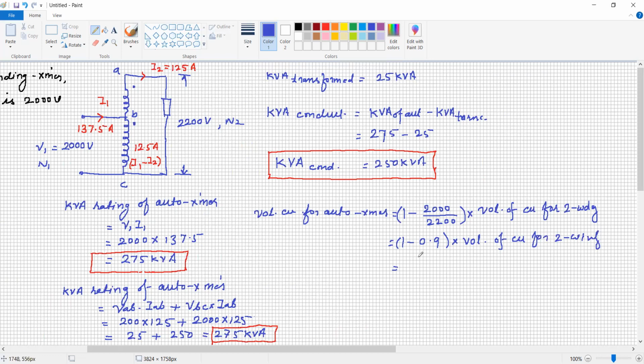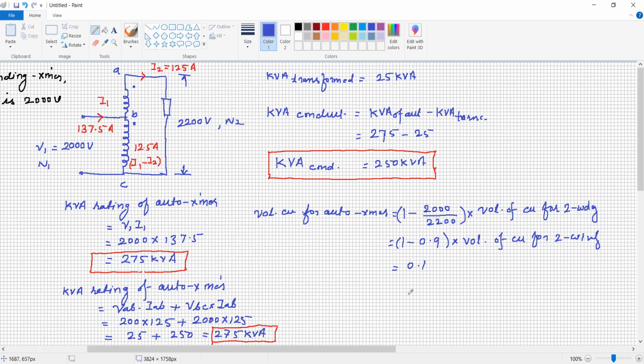It means that it is 0.1 times, or 10% of the copper required as compared to the volume of copper required for the two winding transformer.